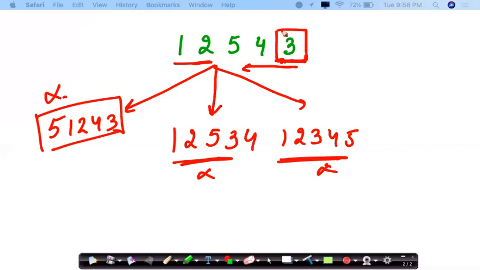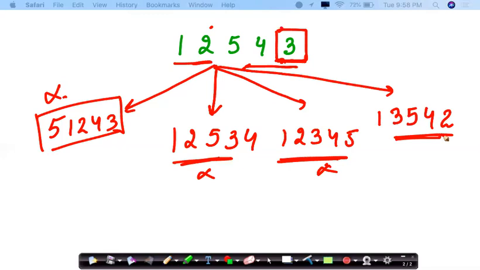So now let's try to swap this 3 with 2. Okay, so if we swap this 3 with 2, we'll get this. Yes, this number is greater than the original number itself. So this can be the next permutation as this is a wonderful integer. But let us check, is this the next permutation?